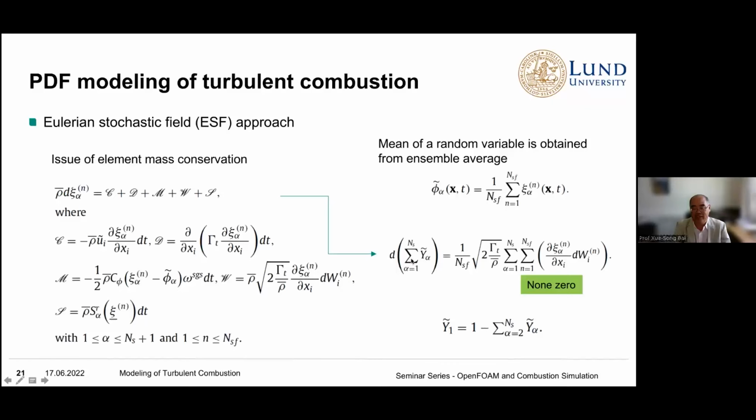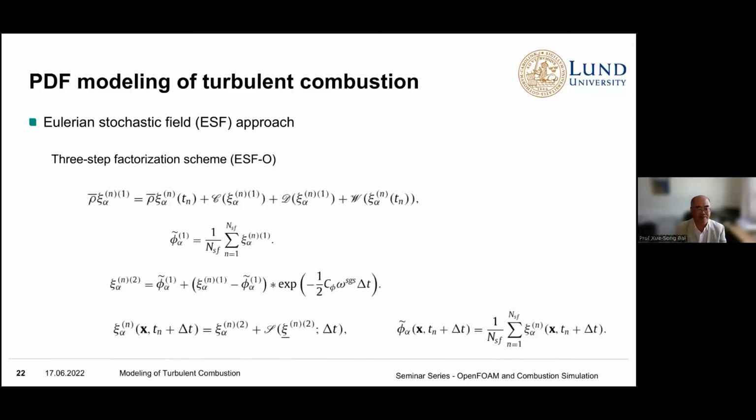So this means that using this method without care, one will have a situation where the mass is not conserved. But in OpenFOAM, typically one does not solve all the NS species. Instead, one uses 1 minus the rest to maintain the sum of these species equal to 1. This is okay when this part is not deviating, or not contributing too much.